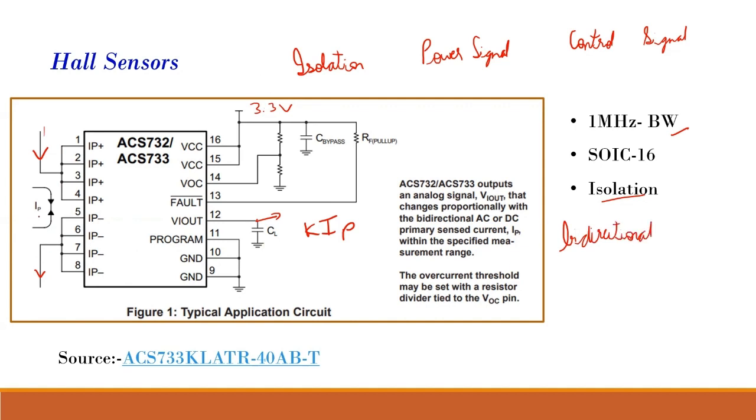If the input current was 0, my V output would come out to be 1.65 volt. If my input current was its maximum negative value, minus IP max, then my V output will be 0 volt. And if it was plus IP max, my V output would be 3.3 volt.